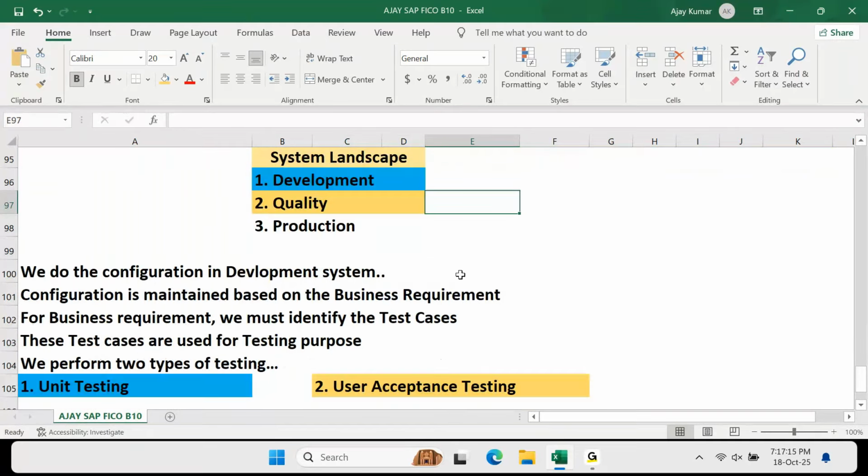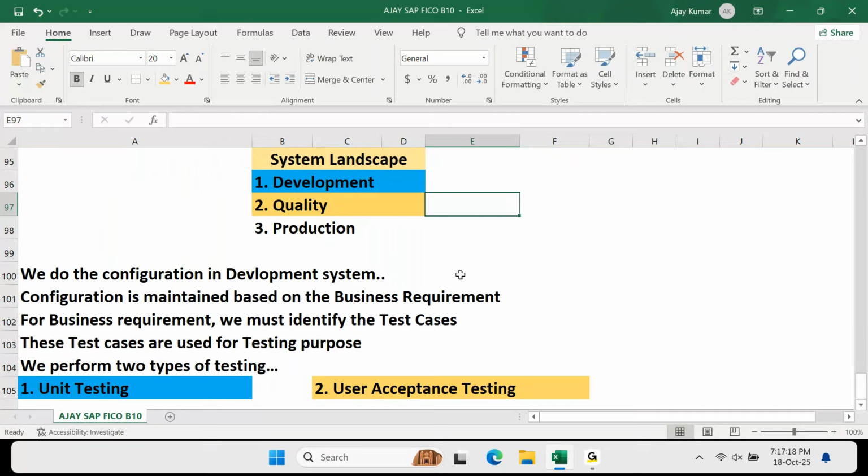Now in development, what are we supposed to test, unit testing or UAT? Unit testing. We all will have to do unit testing in the development system, meaning you cannot directly do a configuration. Blind config is strictly not allowed, because your config is based on the business requirement. For every business requirement, we need to identify and make a note of the test cases. When you have made a note of the test cases, these test cases must be executed and tested in the development system plus in the quality system.